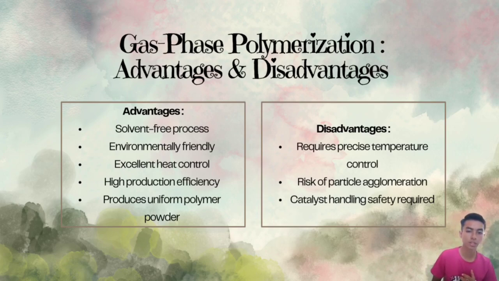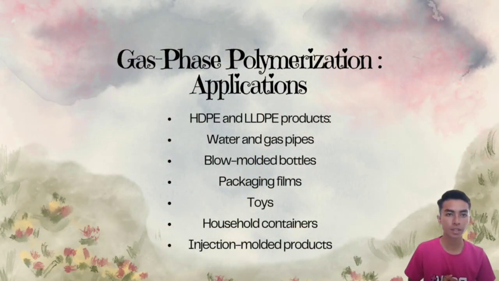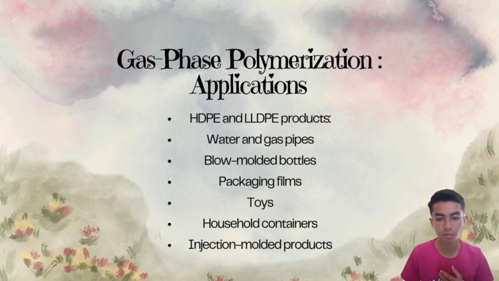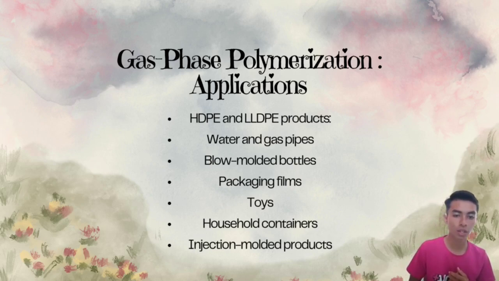However, the disadvantages include catalyst sensitivity and the risk of reactor fouling. Next is applications. Gas phase polymerization is the most widely used method in industry. It is used to produce high-density polyethylene and linear low-density polyethylene, which are commonly used in pipes, containers, and packaging films.